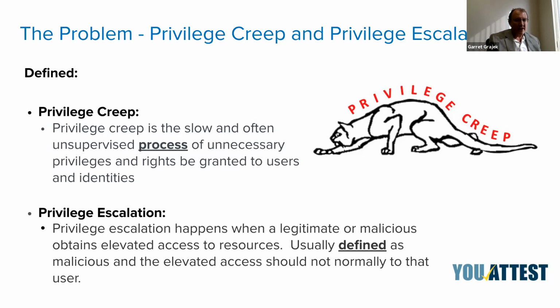Either way, what we need is a system that says whether the privilege creep or privilege escalation is benign or malicious. We, the calm people in the organizations, the ones running the IT or auditing the IT, should be able to monitor this.